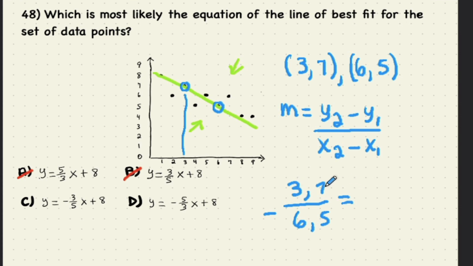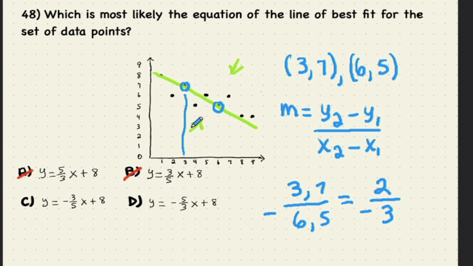Starting with the y values, I know 7 minus 5 is positive 2. That's going to go on top. And then we have our x values. 3 minus 6 is negative 3. And so we have negative 2/3. Okay, so it's either answer choice C or D.